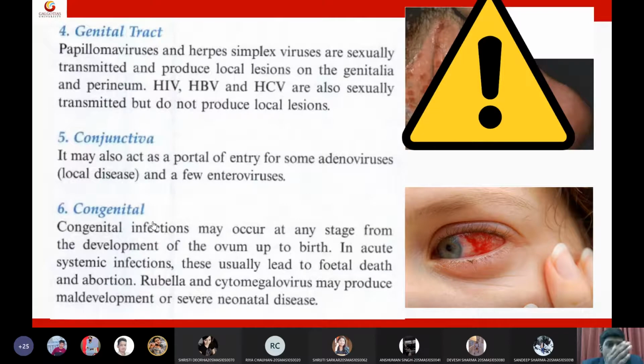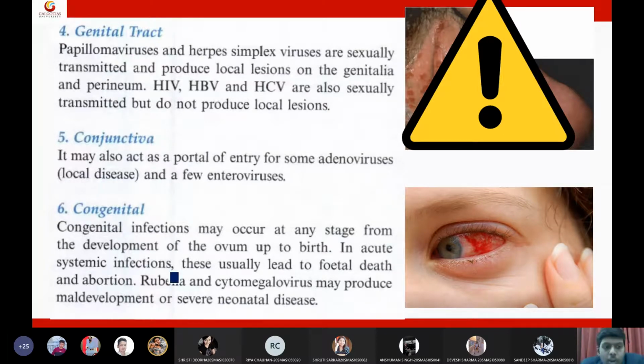But once the woman becomes pregnant, now the virus will migrate to the fetus and it will destroy the fetus. There is a high chance of abortion or miscarriage because of these viral infections. And the viruses that lead to miscarriage or fetal death are called teratogenic viruses, or they are also called congenital viruses. These viruses will cause infections in the developing fetuses.